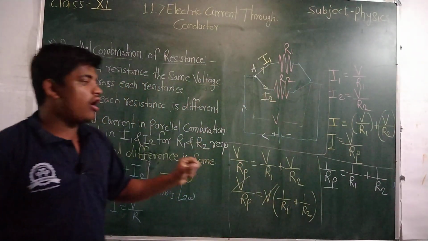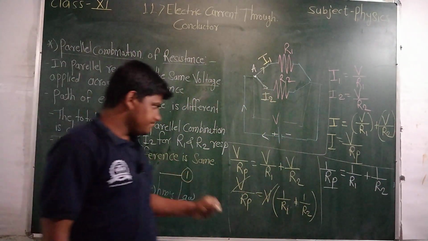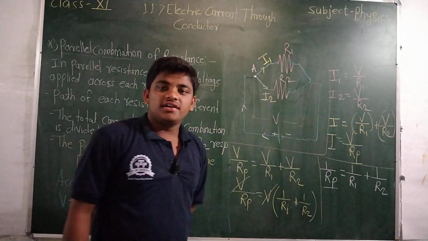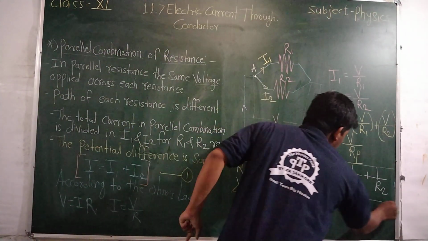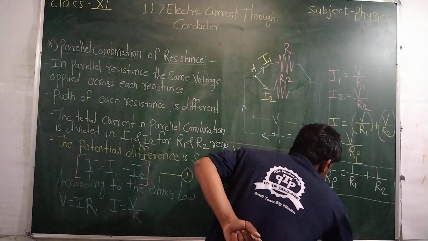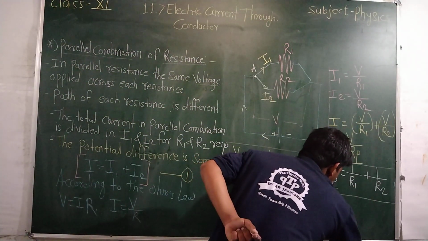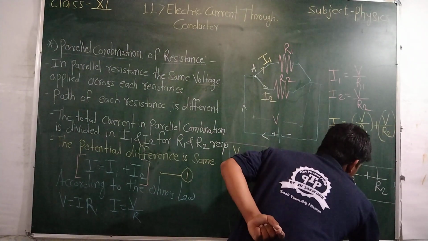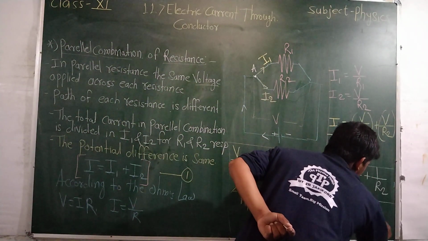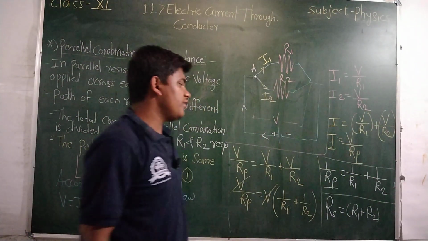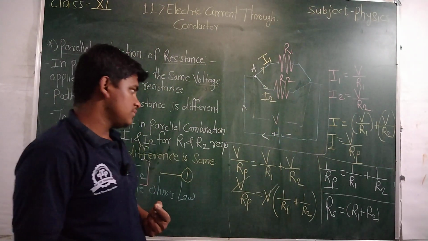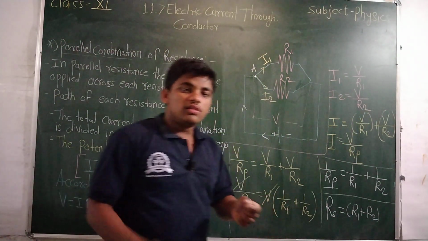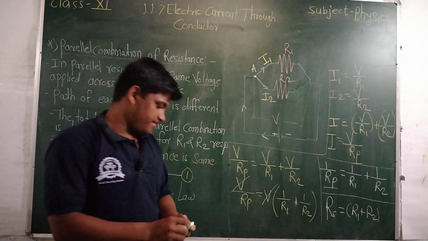This equation is only for parallel combinations of resistance. In a series combination, I will write Rs is equal to R1 plus R2. This is the equation I will use when I take the resistances in series form.